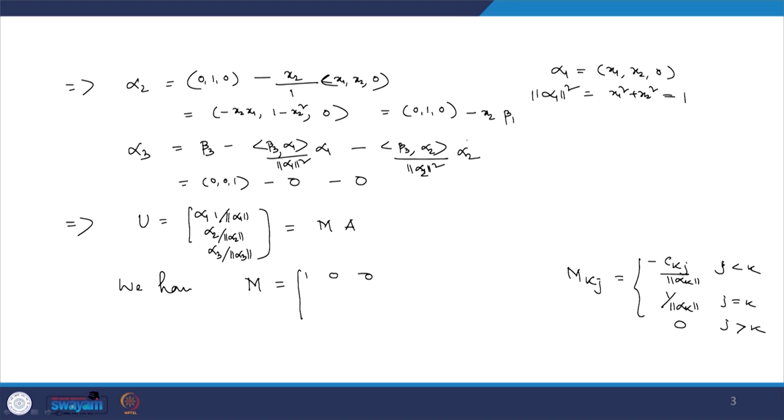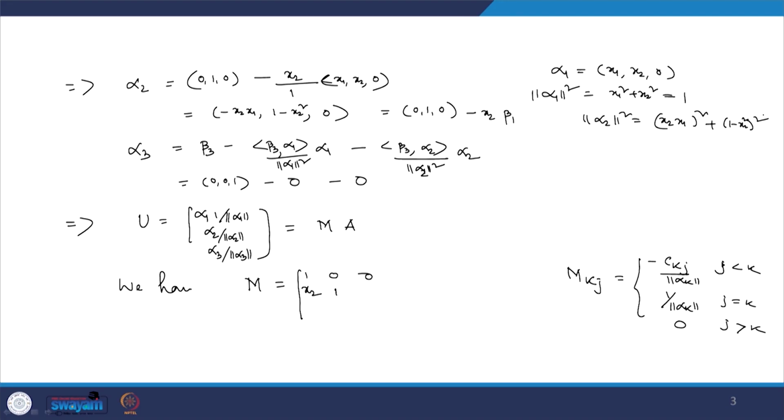The second row of M is, from c_2j, alpha 2 minus x2, so it will be x2, and then this one will be equal to 1. By the way, I have to also find the norm of alpha 2. Norm of alpha 2 square equals x2 x1 square plus 1 minus x2 square whole square.